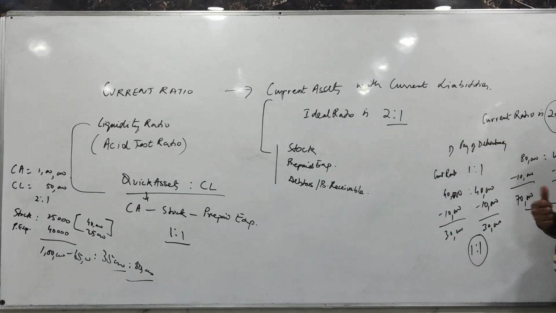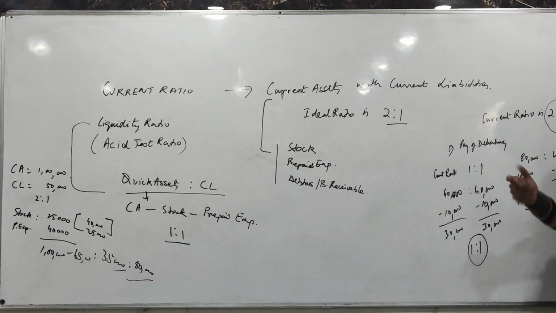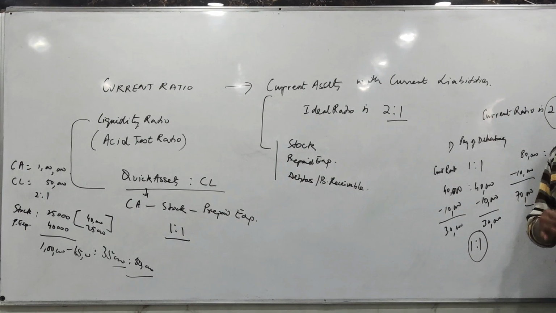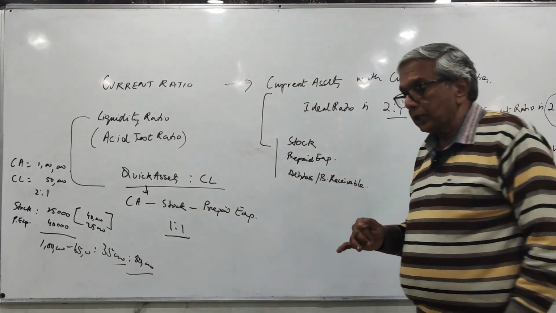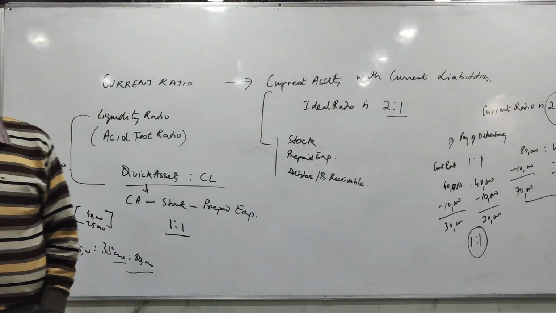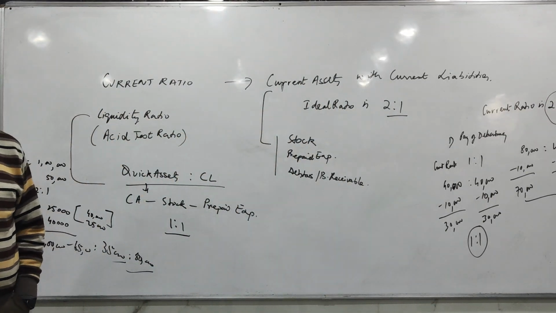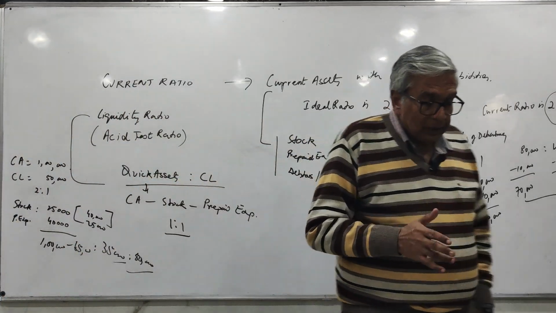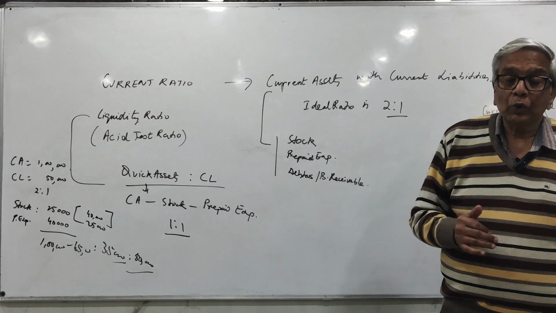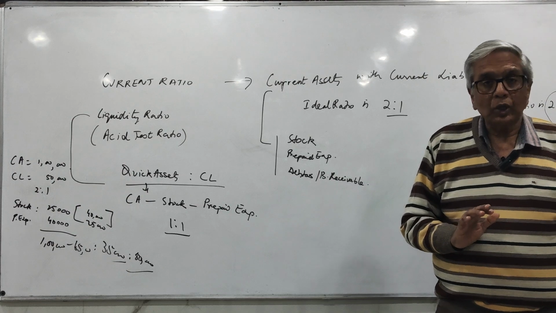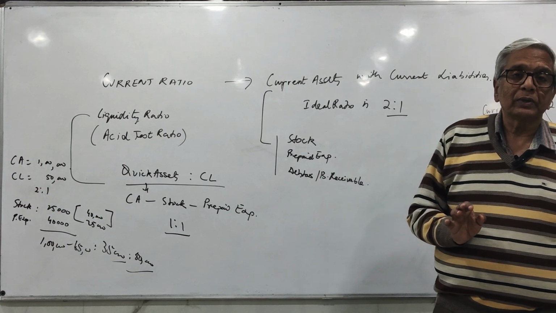Now, another case, you have a current ratio of not 2:1. Suppose you have a current ratio of 1.5:1 and a quick ratio of 1:1. Then also the short-term solvency position of the business is not satisfactory because both the ratios have to be according to the prescribed norm. I repeat again, if the current ratio is more than 2:1 and the quick ratio is more than 1:1, the company's short-term solvency position is satisfactory.